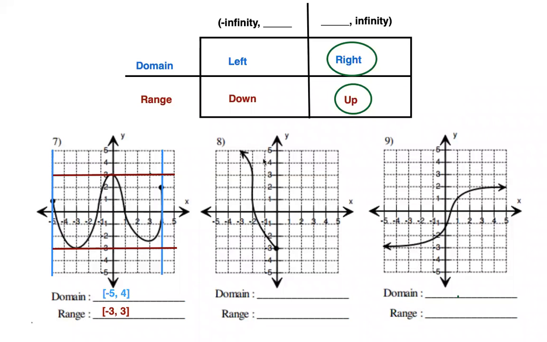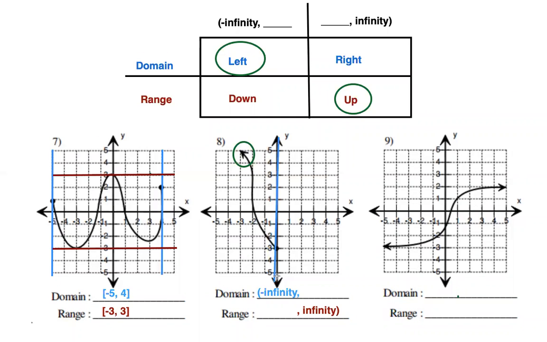For number 8, we have an arrow over here. It's going up and to the left. So negative infinity for that domain. Positive infinity for our range. Now, the right side of the graph that we're missing.